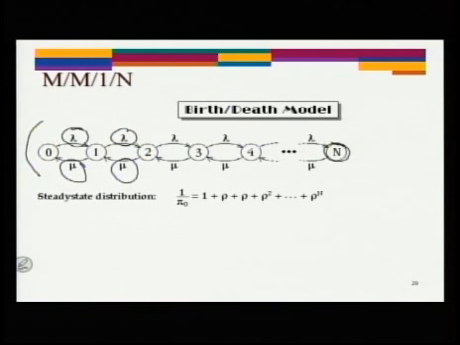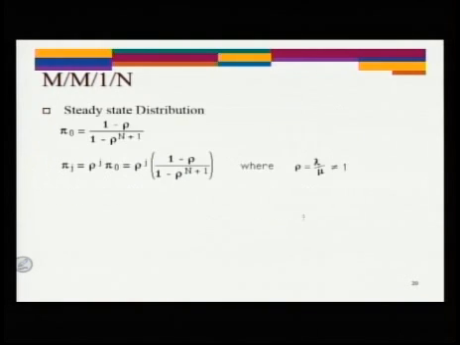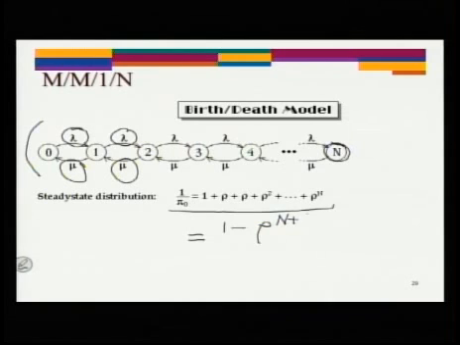And the steady state distribution can be obtained by using the same streamlined version of the balance equation, because obviously we are dealing with a birth-death process, right? Of course, this is the finite geometric series with sum equal to 1 minus rho to the N+1th power over 1 minus rho.